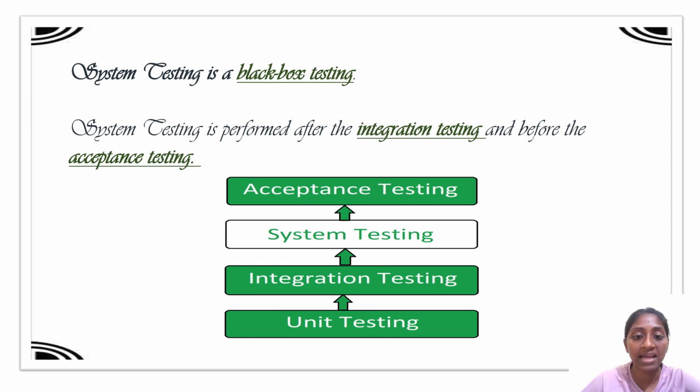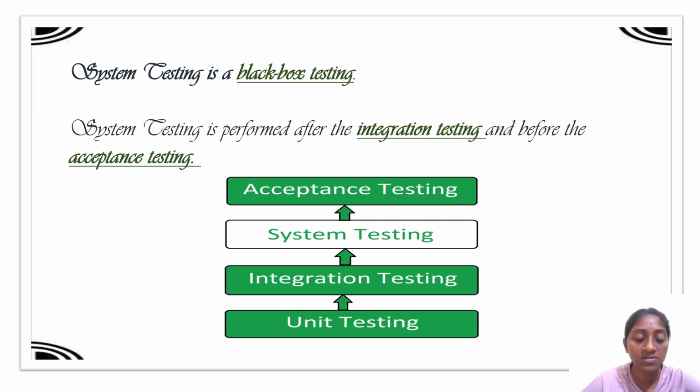Here is the hierarchy of the testing. First comes the unit testing, and then the integration testing, and then the system testing. Last comes the acceptance testing. Thereby, the system testing is performed after the integration testing and before the acceptance testing. System testing tests the design and the behavior of the system and also the expectations of the customers.